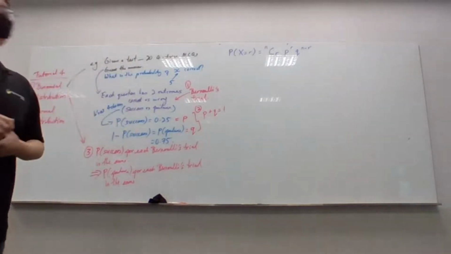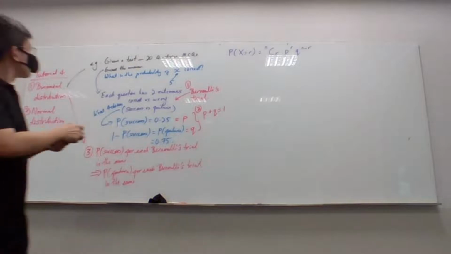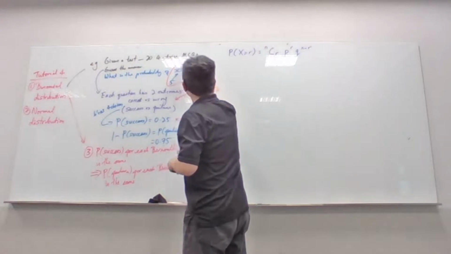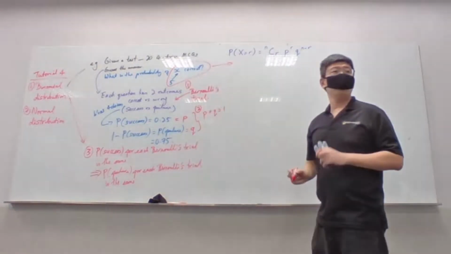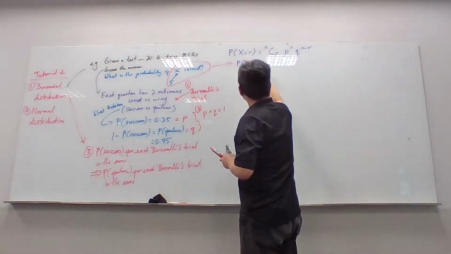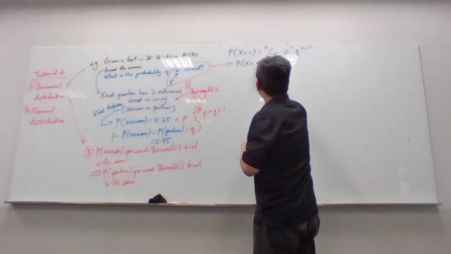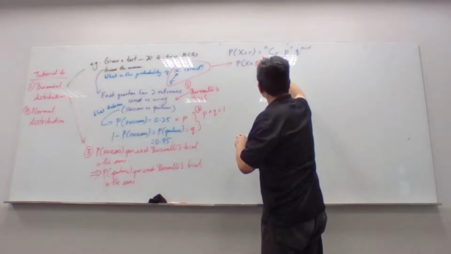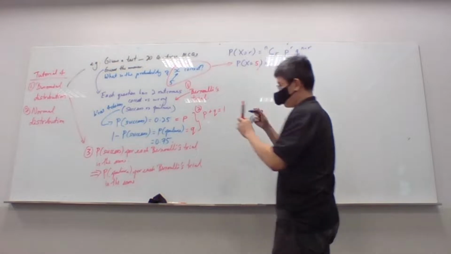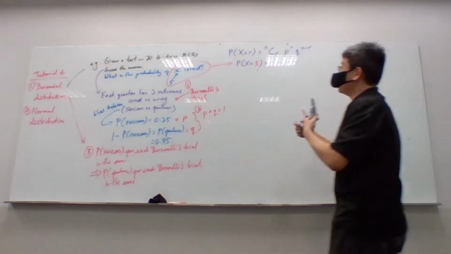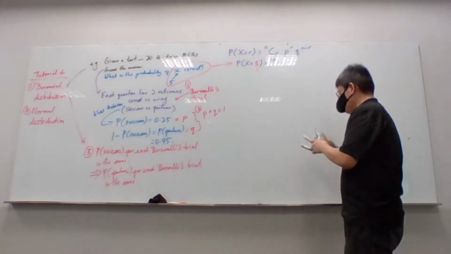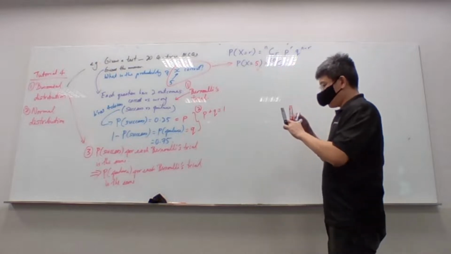So how do you do that eventually? In this case, what is the probability of getting 5 correct? You write out the probability of getting 5 correct. The total is 20 questions, and you want to get 5 correct.